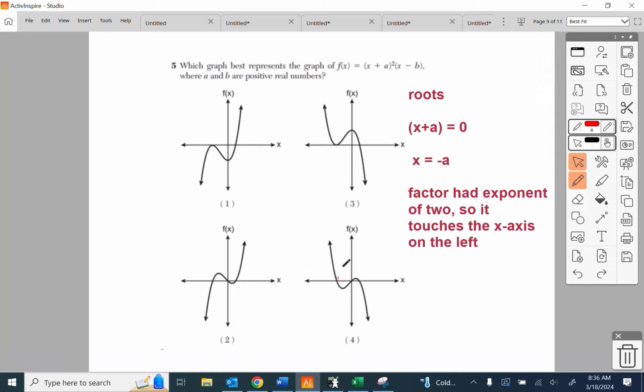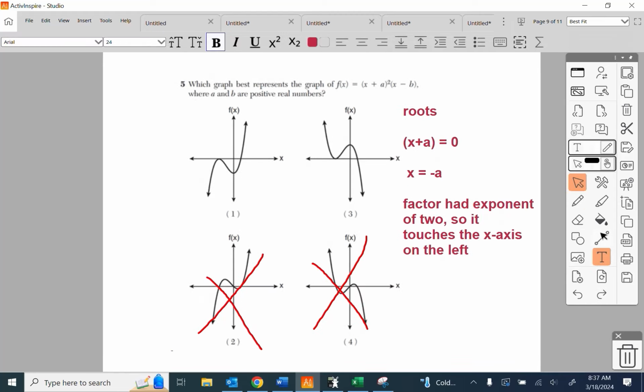Here we're on the left, but we're not touching, we're crossing. Here we're on the left again, but we're not touching, we're crossing. It makes it choice 1 or 3. Now the other guy says x is b. Think about x minus b equals 0. So x is b, positive. It's still a choice between one of these two.